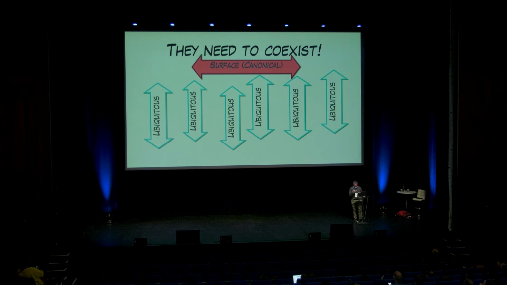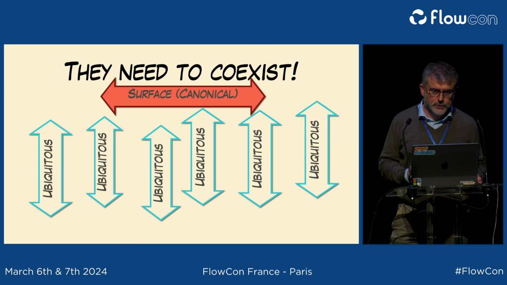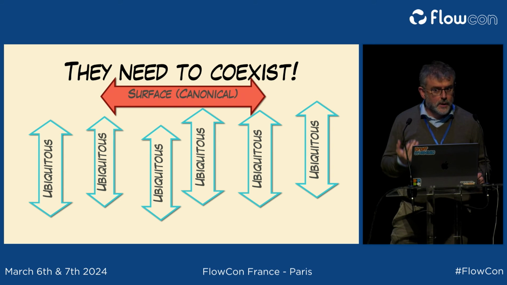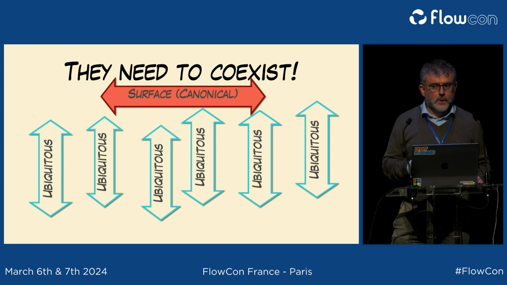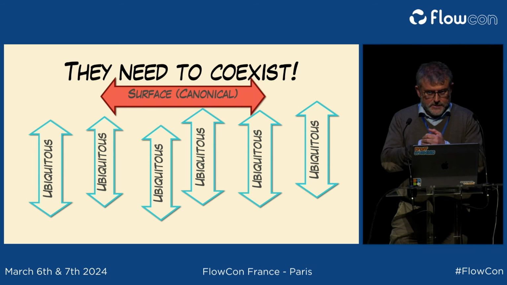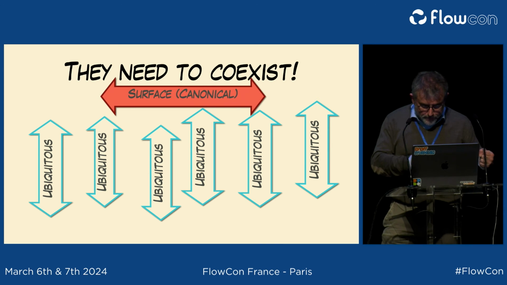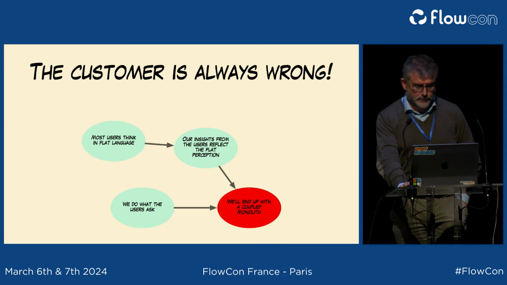So one of the things we had to agree on is that they need to coexist. There's one language which needs to be optimized for user engagement, and many other languages that might need to be optimized for implementation. We clearly need to keep the distance between the languages as small as possible, but we cannot reduce this distance to zero because they have different purposes and they will be pulled in different directions.